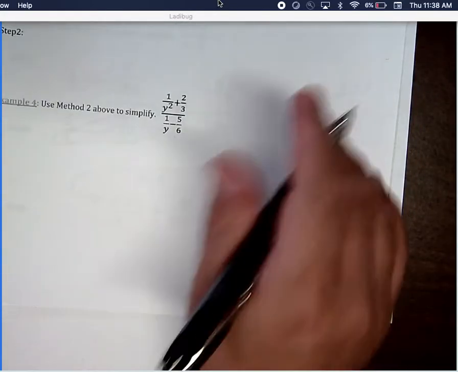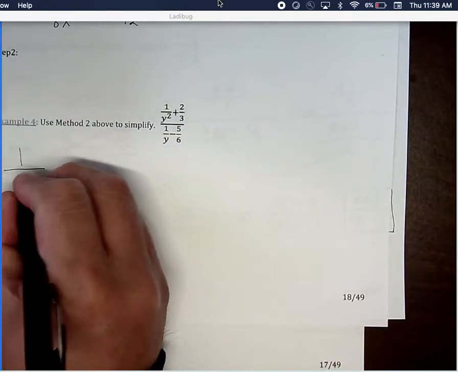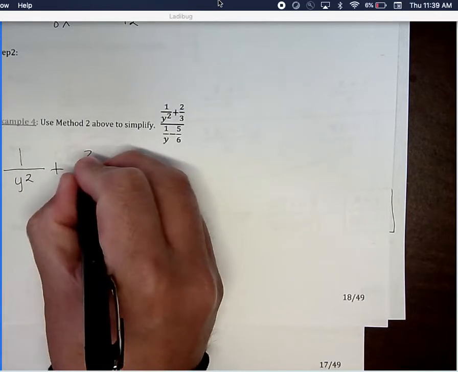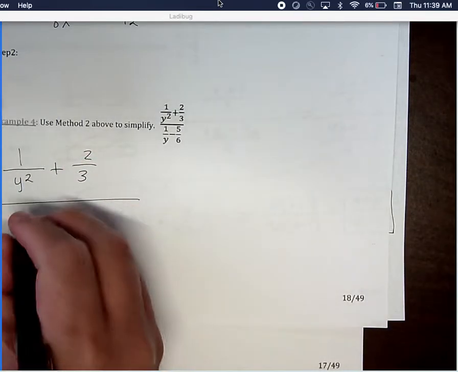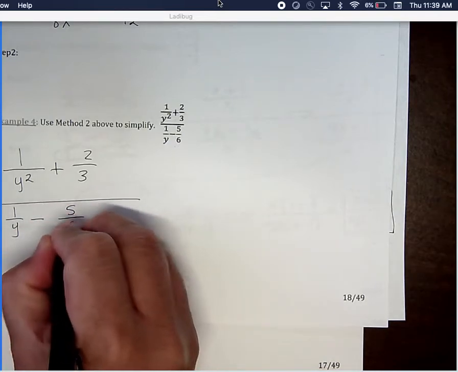Okay, the last one. This is more complex, so this one you would have to do the crisscross butterfly. 1 over y minus 5 over 6.